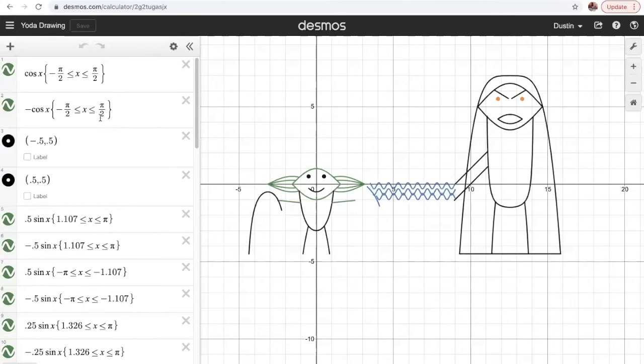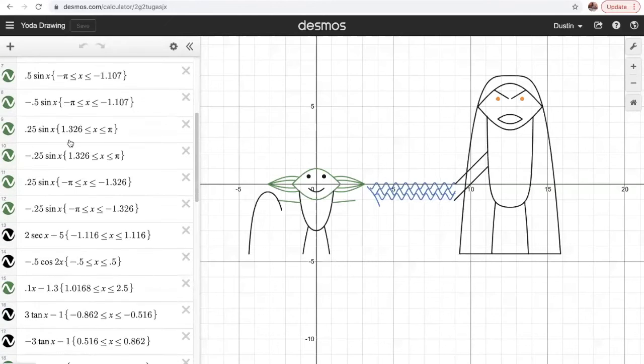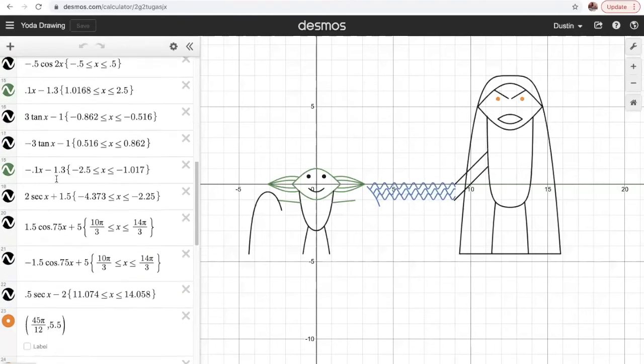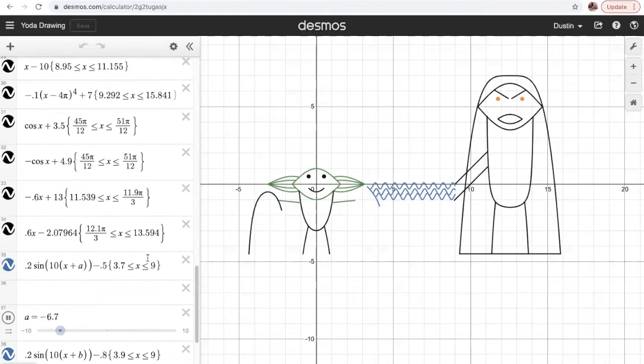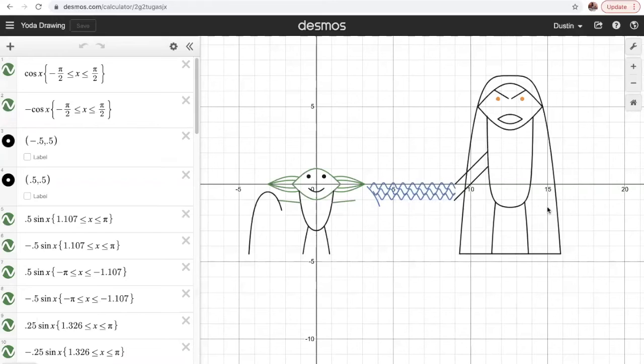That is called the domain, and that's not something that we need to get fully into right now. We can see that I used some numbers here. Oh, and here are some points, the -0.5, 0.5. Those are his eyes. And you can see all these really complicated functions that I'm not going to get into. But the point of me showing this was to show you that you can make really cool things with functions, like this drawing here.